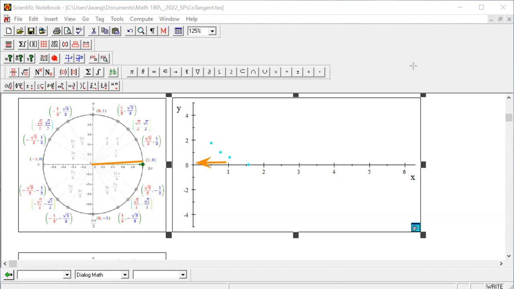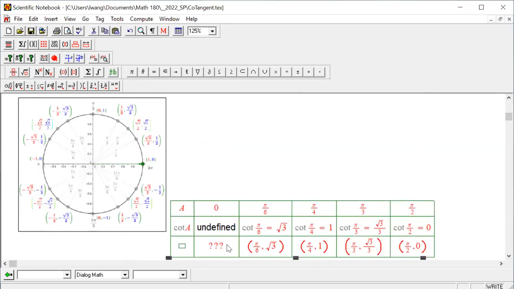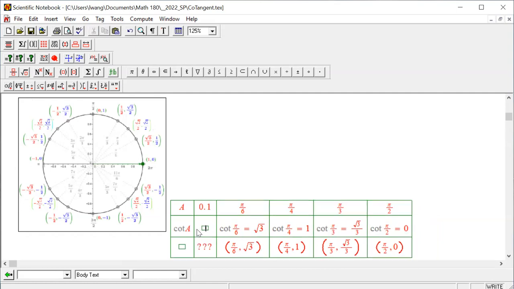So now let's take some examples close to 0. Let's use our calculator to calculate something like cotangent of 0.1. 0.1 is larger than 0.